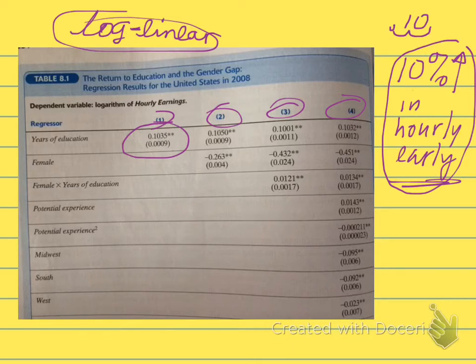That way we've gotten rid of the log. So 1 year of education either means a 0.10 increase in log of hourly earnings, or a 10% increase in hourly earnings. That's our interpretation of the main coefficient of interest.